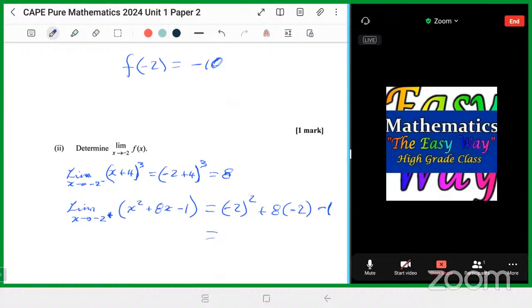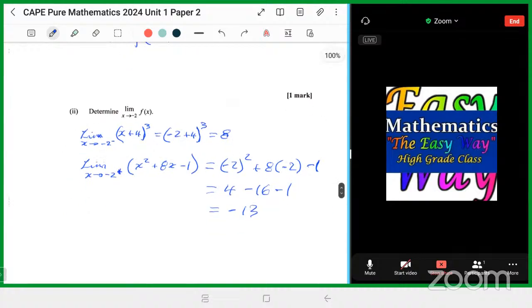This becomes 4 minus 16 minus 1, which is -13.